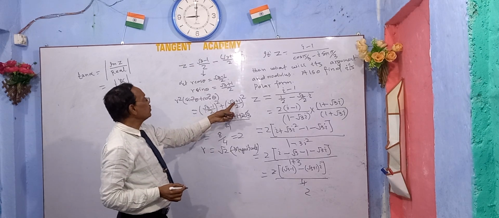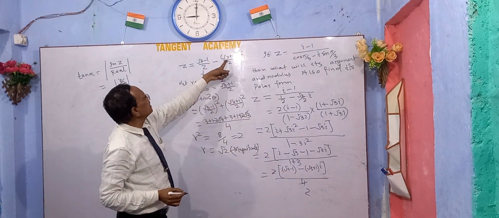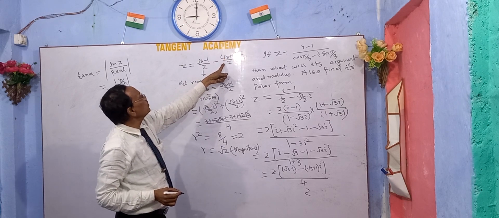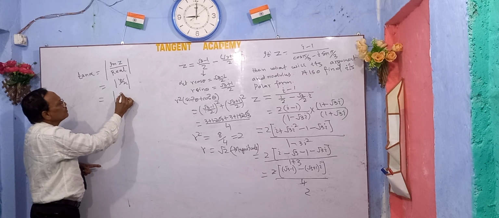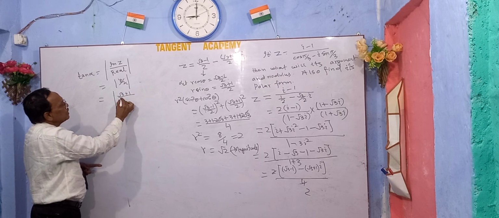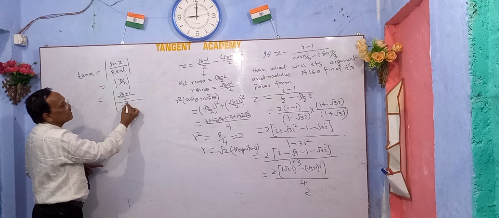The y coordinate is (root 3 plus 1) by 2. And the x coordinate is (root 3 minus 1) by 2.